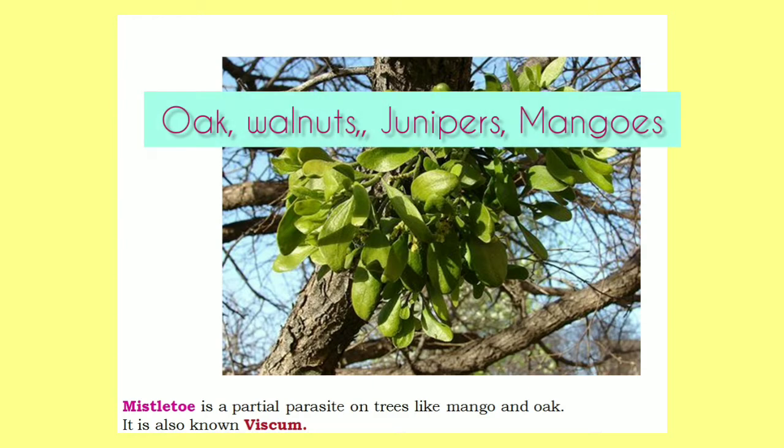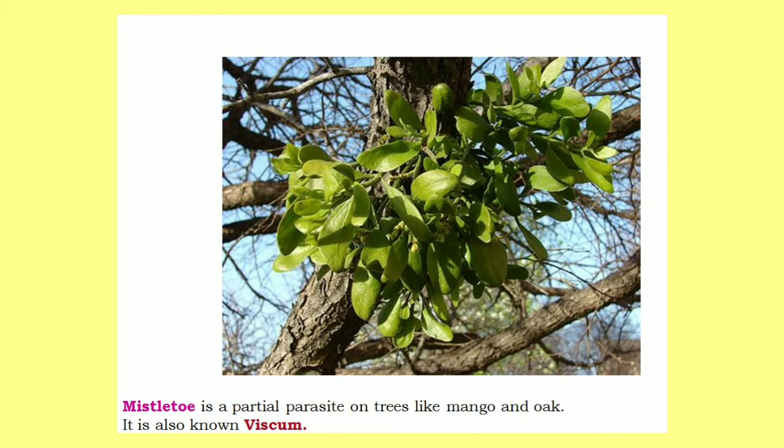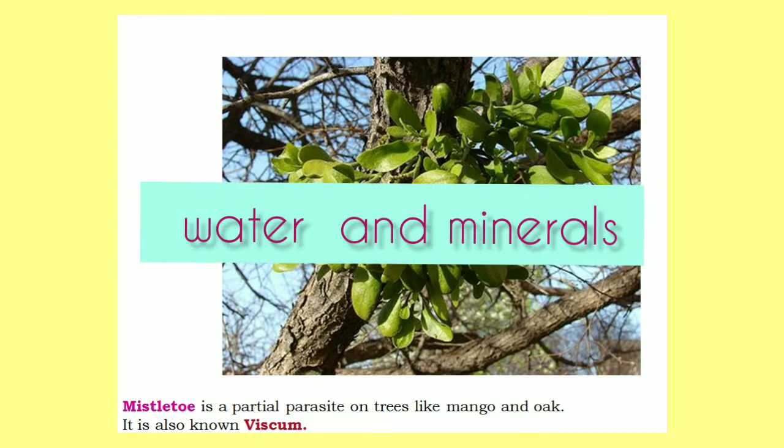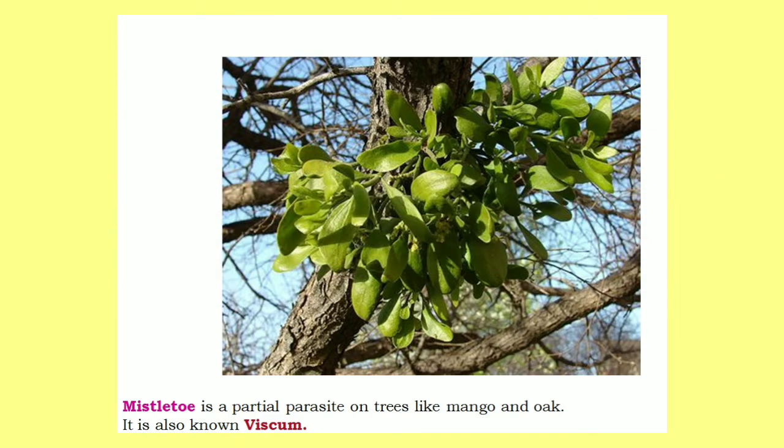It is found growing on branches of trees like oak, walnut, juniper, mangoes, etc. It makes its own food with the help of chlorophyll, but sucks its liquid food, water and minerals from the stem of the host with the help of haustoria. Mistletoe is without normal root, and therefore it is a partial parasite because it obtains only a part of its food from the host.